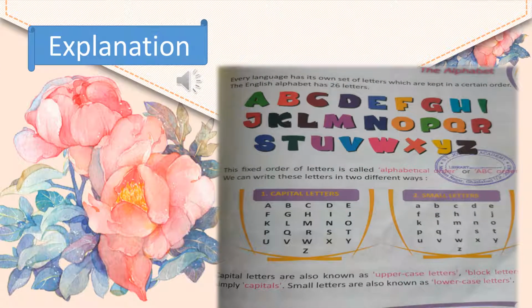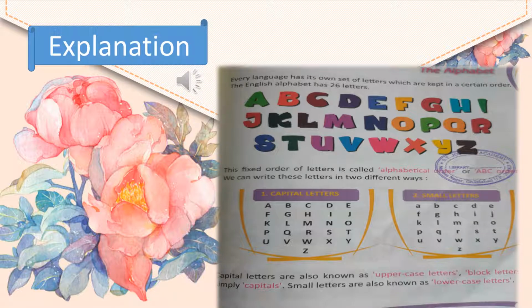Before I give you exercises to solve, we need to have a small revision of all the content based on which I am going to give you the exercises. Our first chapter is about alphabets, the introduction of alphabets, what you have studied in earlier classes also.